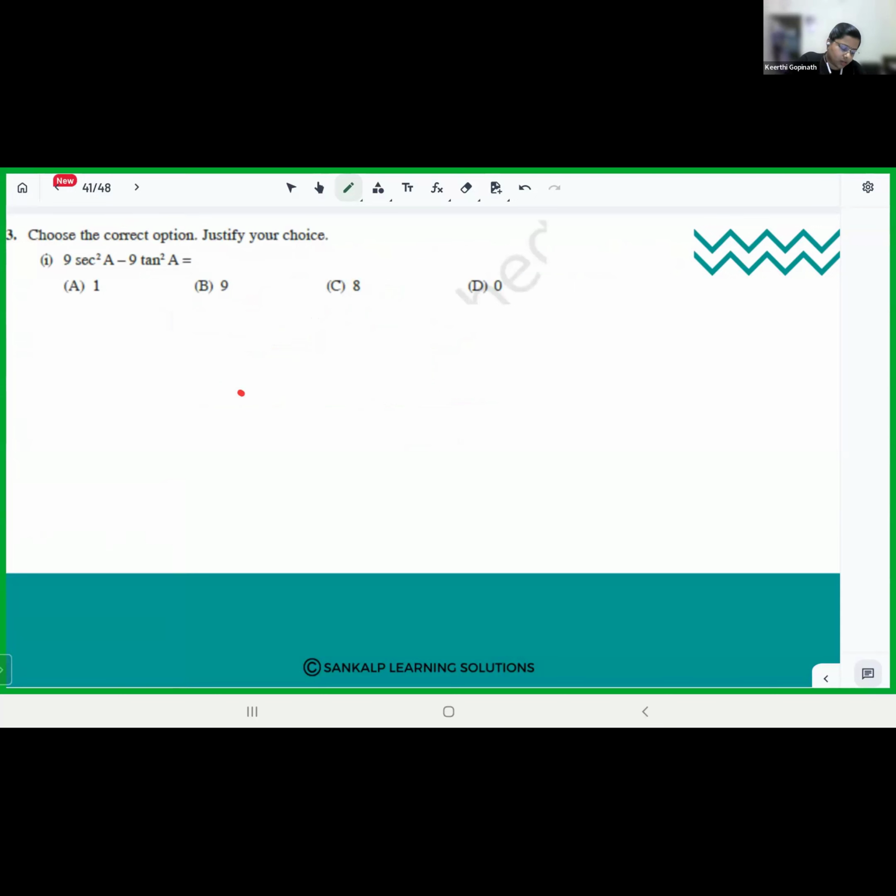So 9 sec square A minus 9 tan square A. How will you find out the value? 9 is common in both the terms, right? So I am taking 9 outside: 9 into (sec square A minus tan square A).